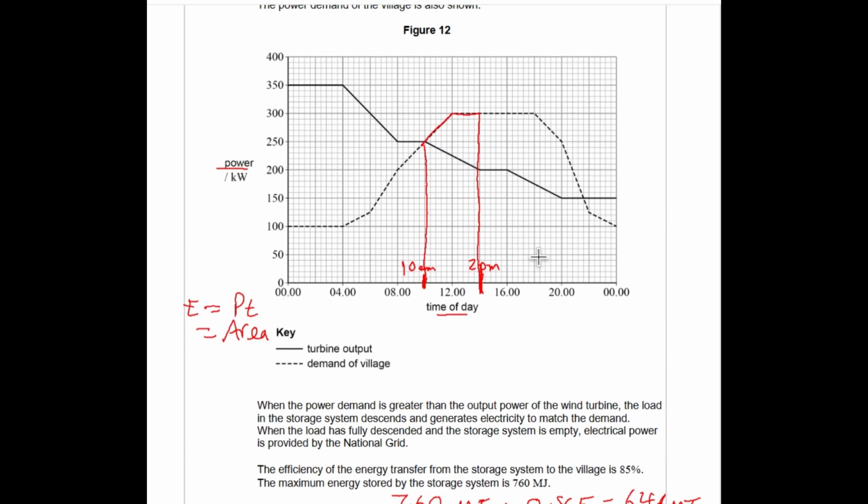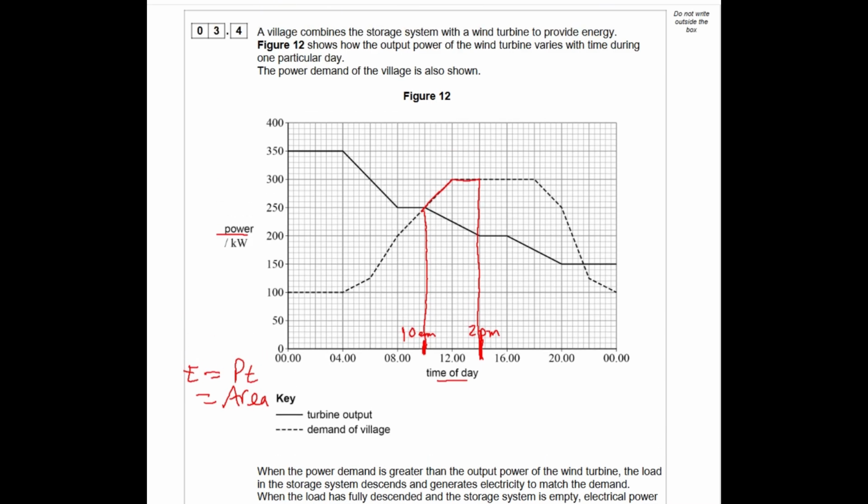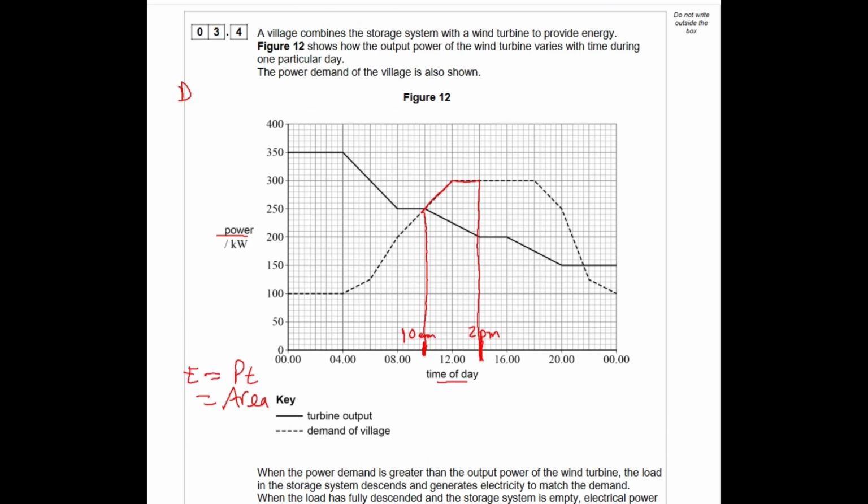Okay, so let's work out the demand. I'm doing all the calculations here, but obviously you've got to do it at the bottom. If you look, you've got 1, 2, 3, 4, 5, 6, 7, 8, 9, 10, 11, 11.5 squares. You work out the area however you want, shapes, triangles, rectangles, that's entirely up to you.